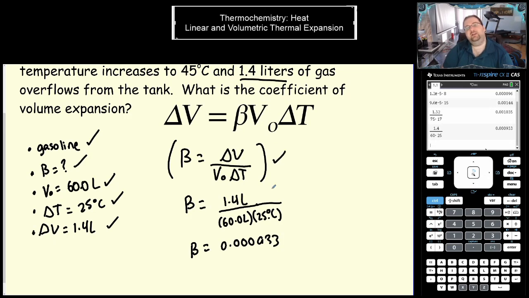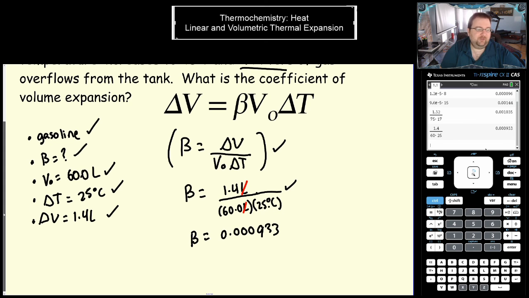Well, if we isolate our formula like we did last time and plug in our numbers, we're going to see a few things that are happening here. Liters cancel out, and we end up with this answer. I'm just going to make this a little clearer. This is a 0.933, and you can see the work in the calculator on the right-hand side. Now, we need to talk about significant figures here.